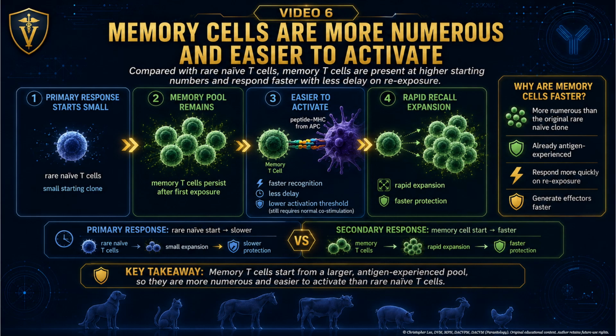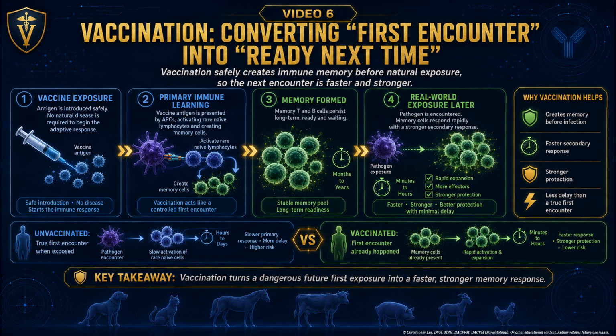The practical comparison is simple. Naive response: rare cells, slower activation, slower expansion. Memory response: more cells, faster activation, faster expansion. That is why a vaccinated or previously exposed animal can control infection more quickly than an animal seeing the antigen for the first time.